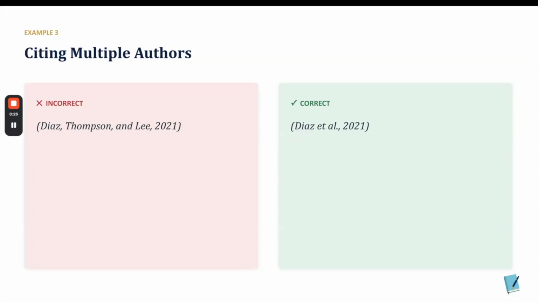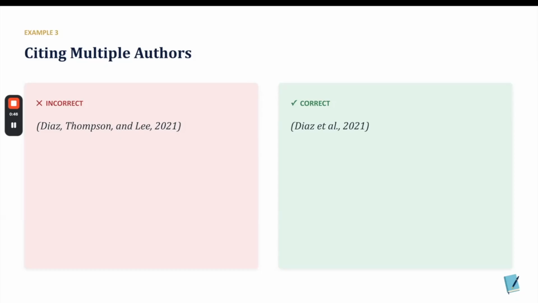However, APA 7 says that when we have 3 or more authors on a piece, then we want to use et al. Here's how I remember to use et al. Any of you take French in high school? Et means and. And so I think to myself, this means Diaz and friends, right?